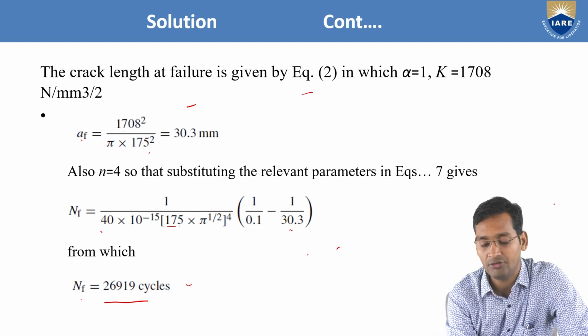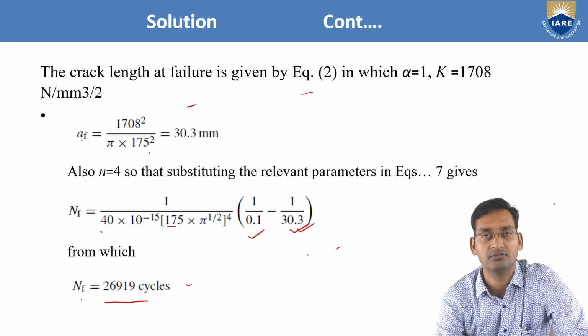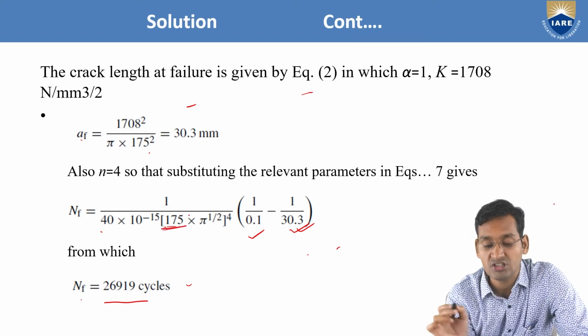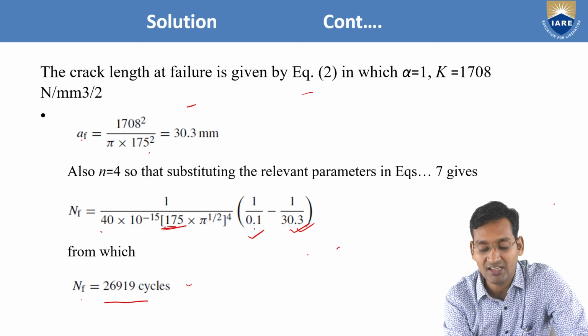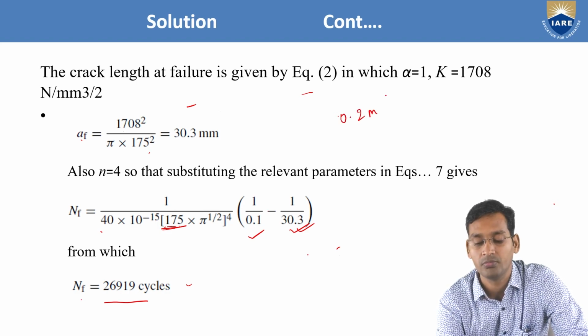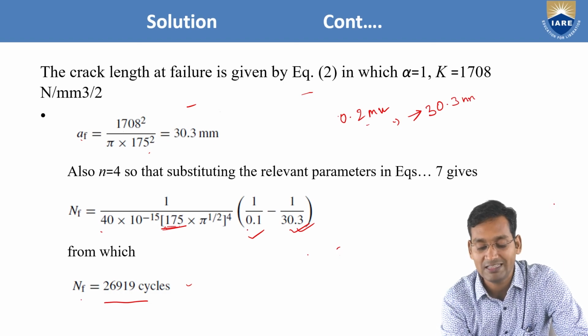They will give af and ai, the final crack and initial crack values. Then they will ask to find which range of stress is required, so that a material or a structure having an initial crack length of 0.2 mm, how much stress should act on it so that the crack propagates and the size becomes 30.3 mm. Means now they have given ai and af.